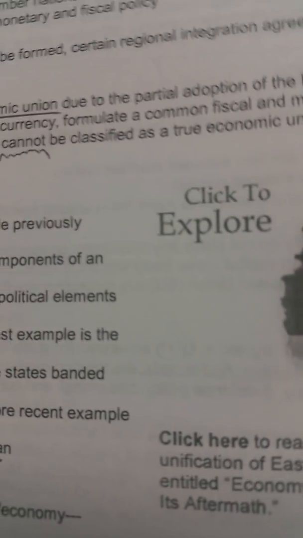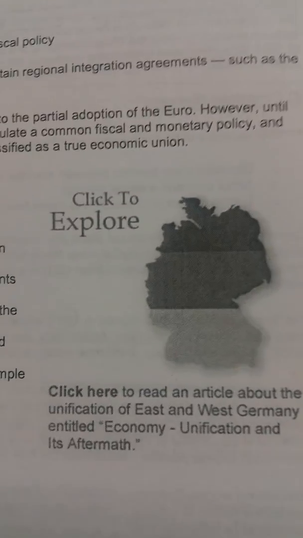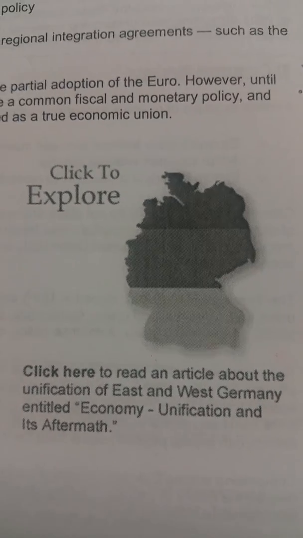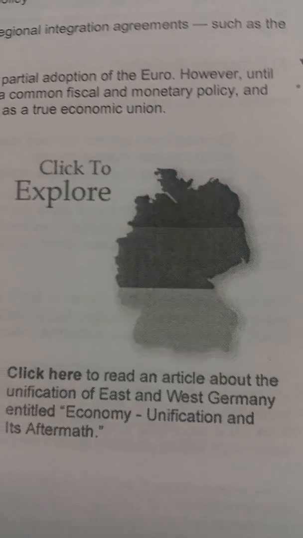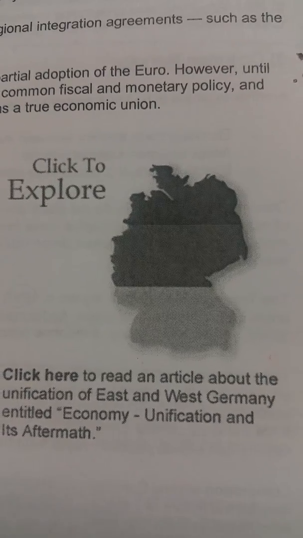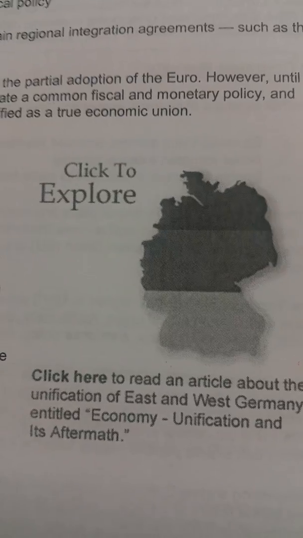I was saying maybe South Korea and North Korea, but one of my funniest students said that it was not a real divorce between West Germany and East Germany. They were separated, but they were still together.